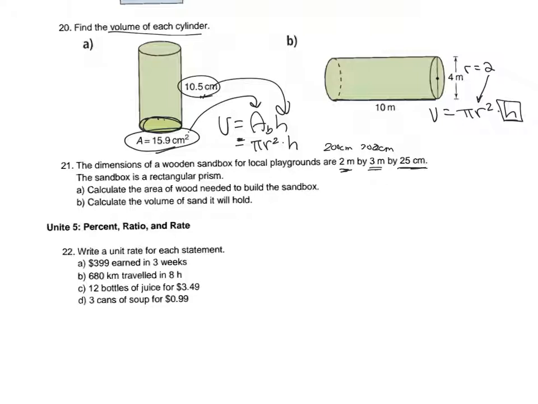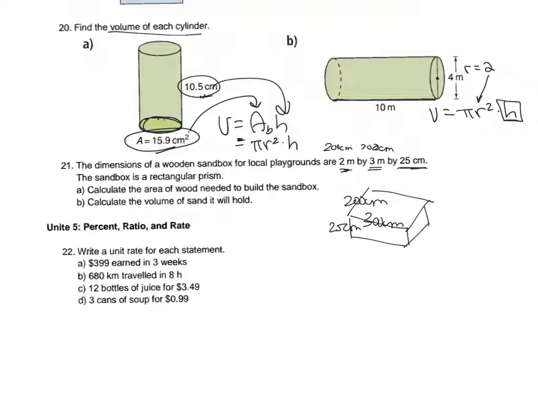So if it's 2 meters by 3 meters and 25 centimeters up, it's going to be pretty big and pretty short like this, okay? So this means that this is 300 centimeters, this is 200 centimeters, and the height is 25 centimeters. With these dimensions, calculate the area of each of the rectangles on the sandbox and then add it together.